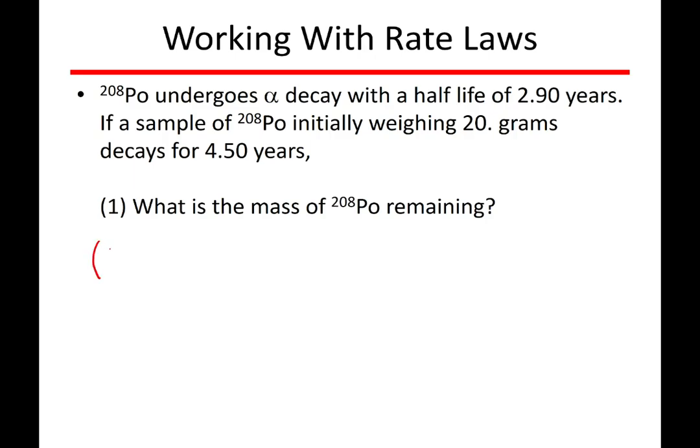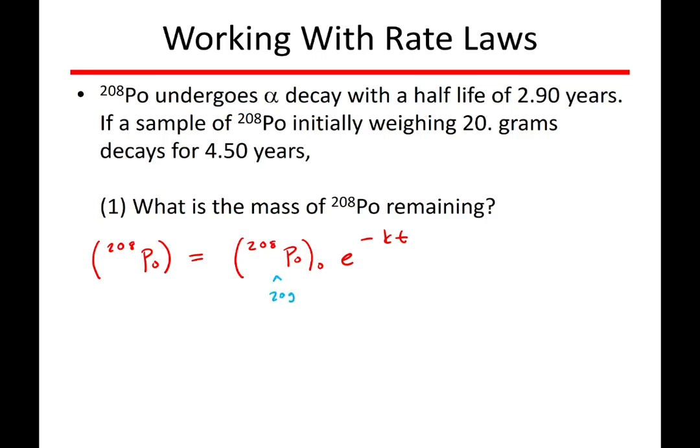We can start by writing our first-order integrated rate law, which says that the new amount of polonium-208 will be equal to the initial amount of polonium-208 times e to the minus kT. Now let's think about what we know in this problem so far and what we need to find. We know the initial amount of polonium-208 is 20 grams.